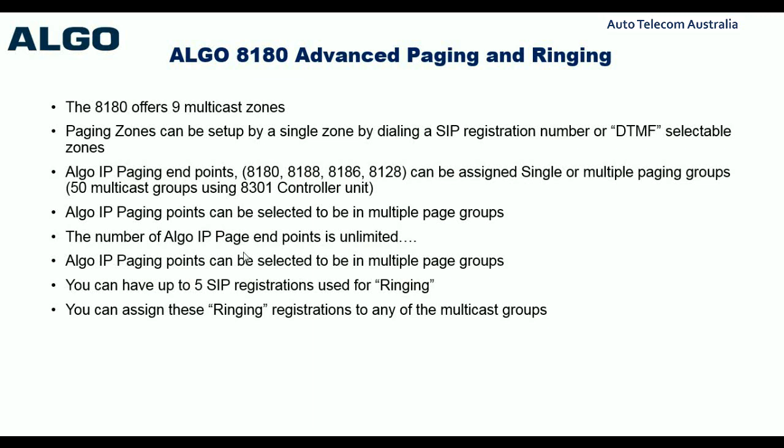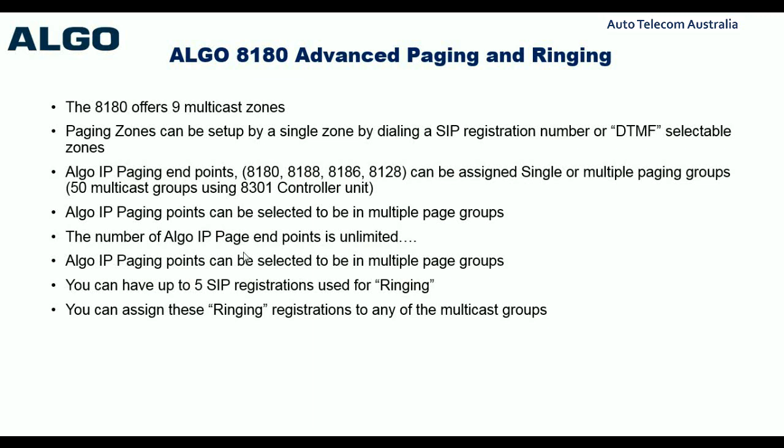The paging zones can be set up in a single zone by dialing a SIP registration number or as DTMF selectable. Now what that means is, let's just pick on the DTMF selectable. Let's say we've got one master unit, and then we dial into it and then dial the extension number and then *1. And that'll page group 1, *2, group 2, 3, etc. So that's just using one SIP registration and some post digits to access the multicasting, and we can set up all the different paging groups.